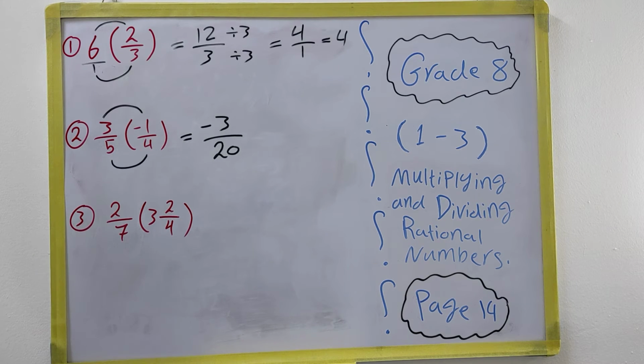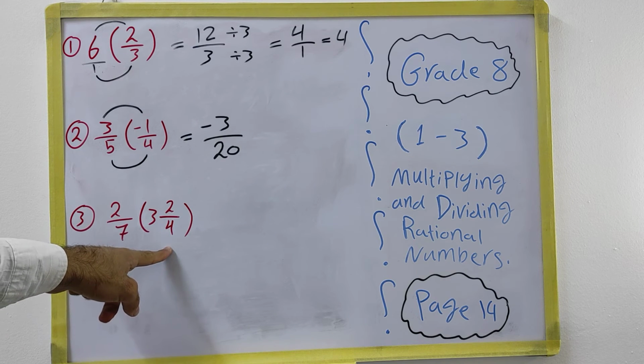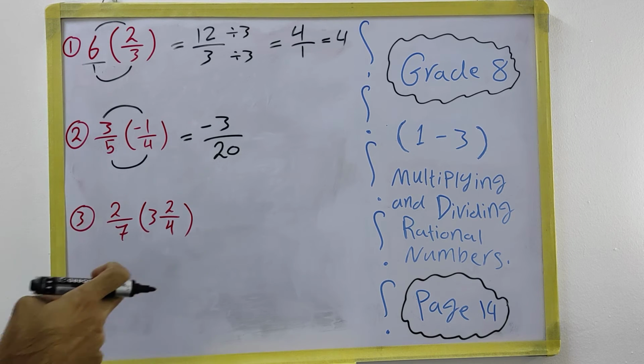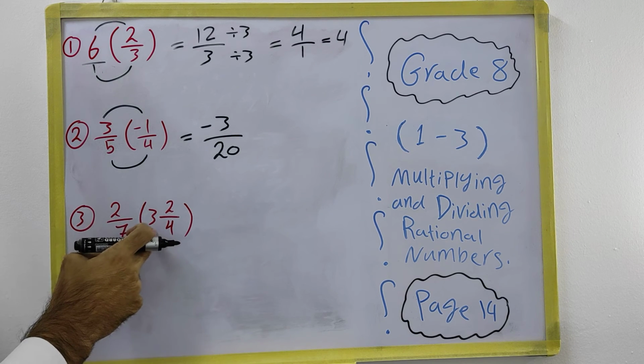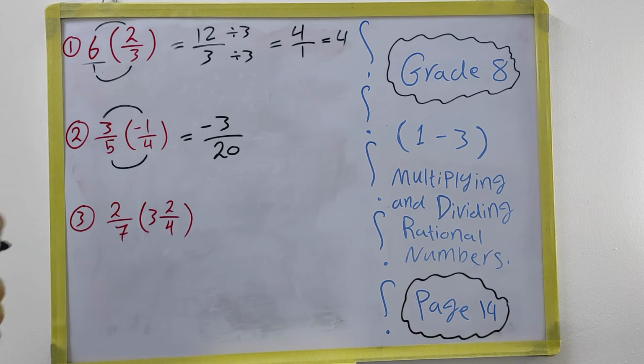And then one more thing that we have is when it's a mixed number. A mixed number, or mixed fraction, is a number and a fraction, like 3 and 2 over 4. It's not like a simple fraction like the others, it's a mixed number. So for these mixed numbers we can change it to a simple fraction at first.